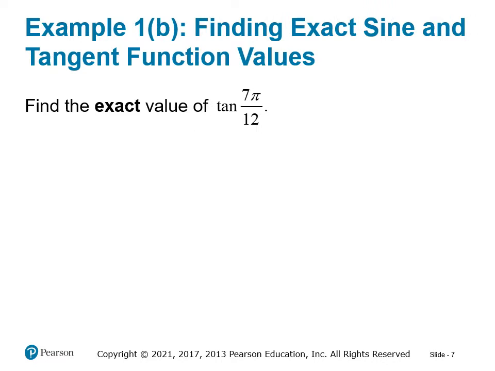Find the exact value of the tangent of 7 pi over 12. Of course, when I'm dealing with radians, I often try to think of these in terms of degrees, or I build my sample triangles and label them with radians as well. For example, 60 degrees is pi over 3 radians, 30 is pi over 6 radians, and 45 is pi over 4.